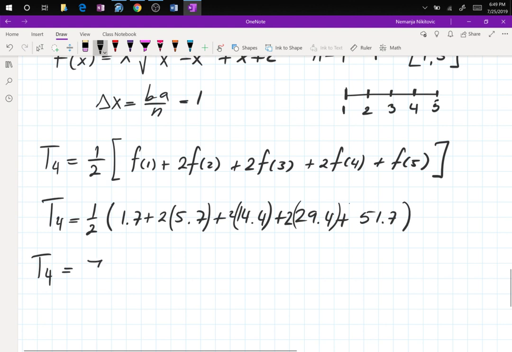It gives 76.2. So area is approximated by 76.2 using trapezoid rule.